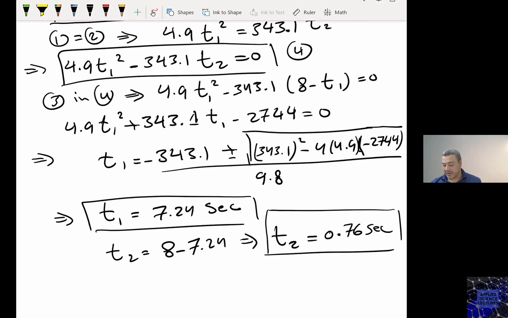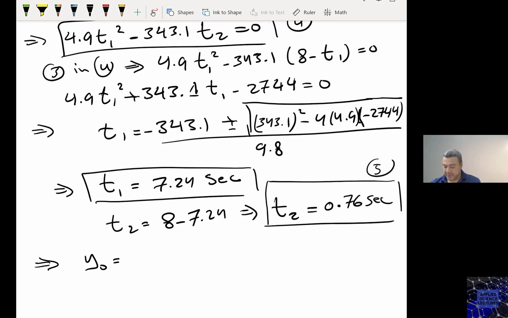Now, after I got T2, I can calculate the distance, which equals 343.1 times 0.76. And the distance is 260.76 meters.